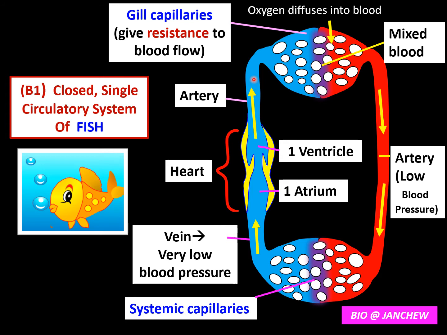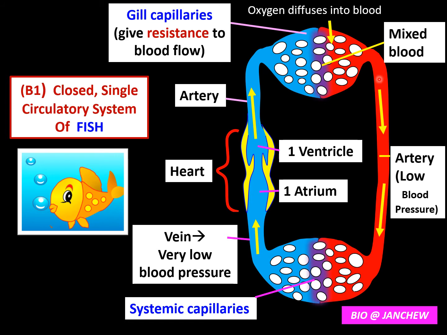From the artery, the blood flows to the gill capillaries to receive oxygen. Now the purple part here shows mixed blood, meaning there's some deoxygenated blood and some oxygenated blood. But after a lot of oxygen has diffused into the blood, this blood becomes fully oxygenated.